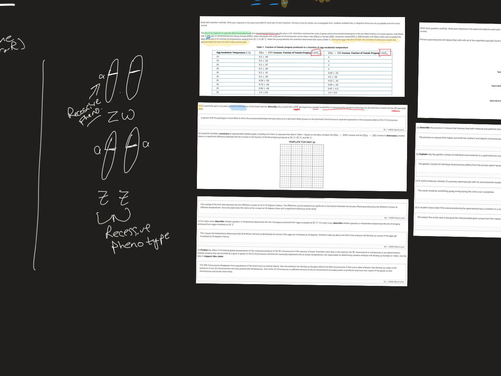If you have a ZW and the gene that we're worried about is only found on the Z chromosome, then if you get one recessive allele, you have the recessive phenotype. Where if you had ZZ, you'd have two chances to get the dominant phenotype, so that you wouldn't have recessive here. Because you had that second opportunity.